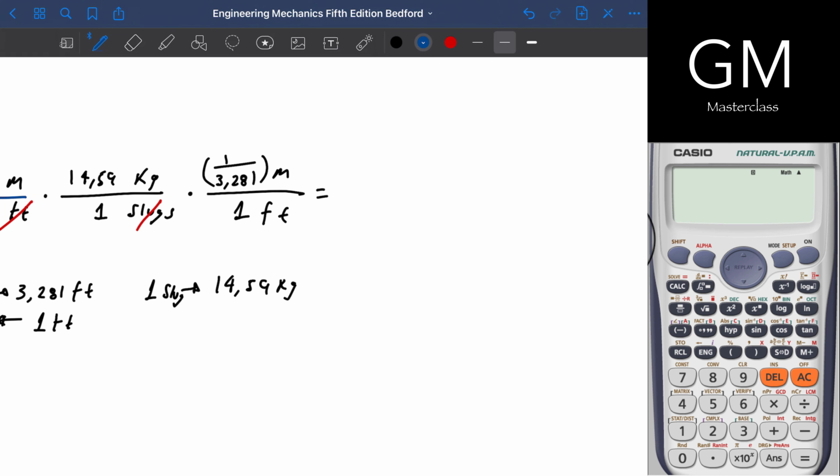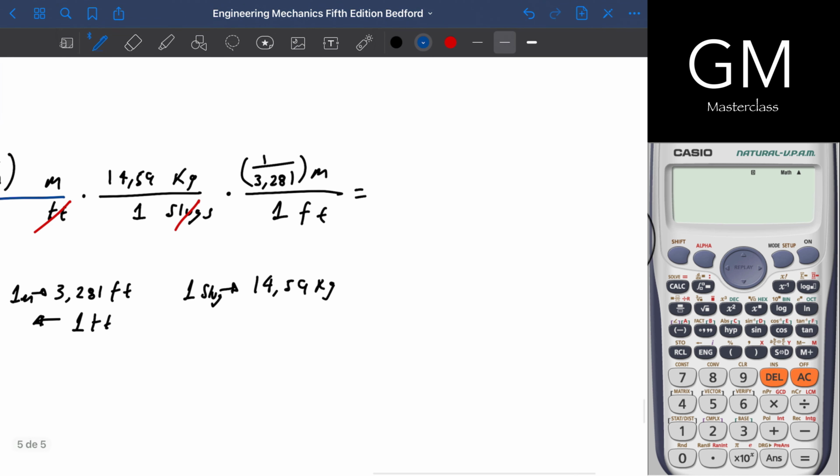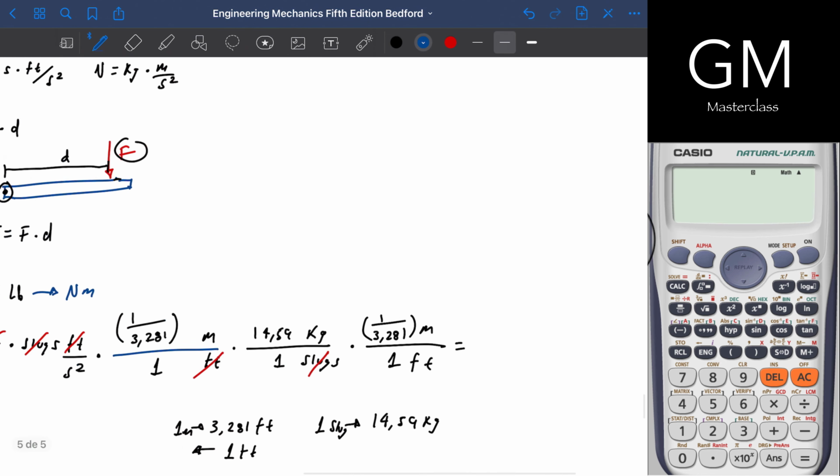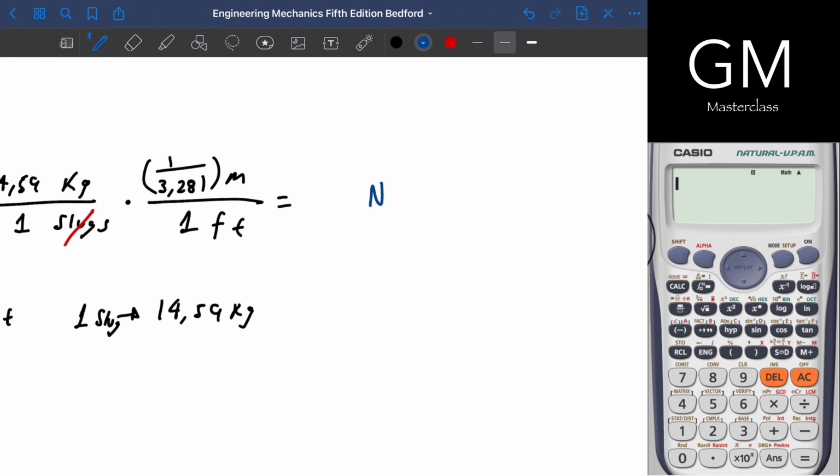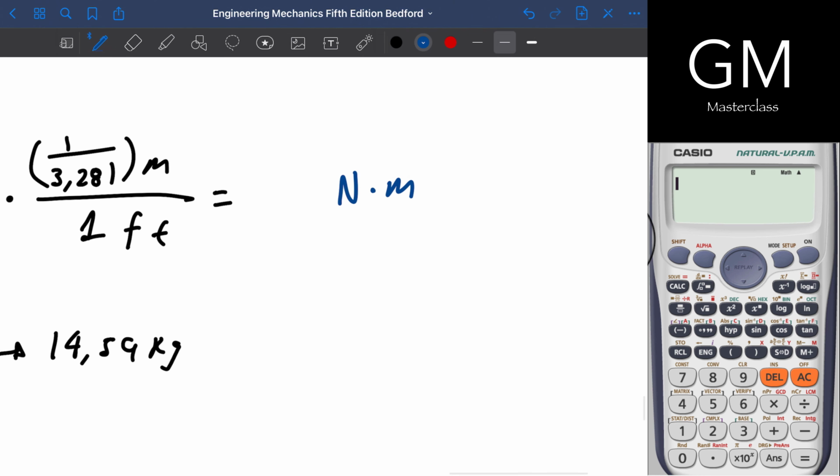which is equal to newtons per meter, or multiplied by meters.